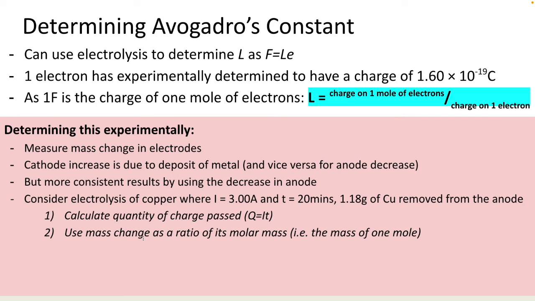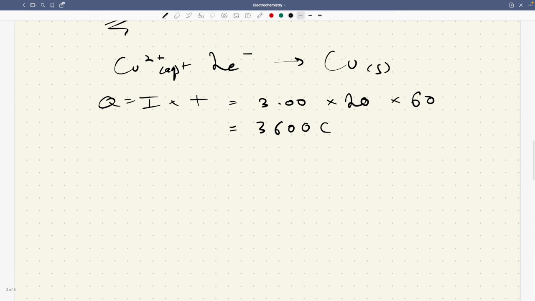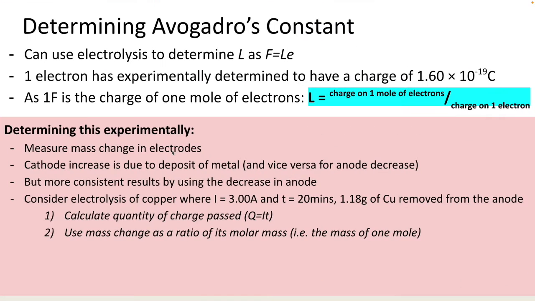So we can now use the mass change as a ratio of its molar mass. So to deposit 1.18 grams of copper requires 3,600 coulombs. So to deposit 1 mole of copper, we can use a ratio and go the molar mass, so the mass of 1 mole, and work out that relative to how much we actually deposited, multiply that by the amount of coulombs. But then we've also got to take into account how many electrons have been removed.